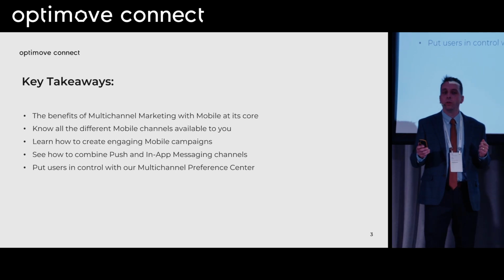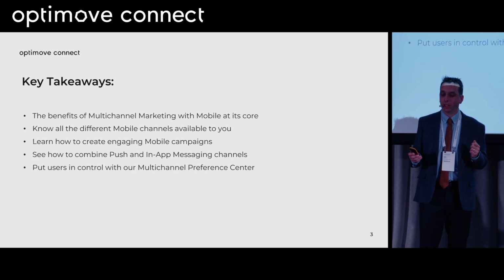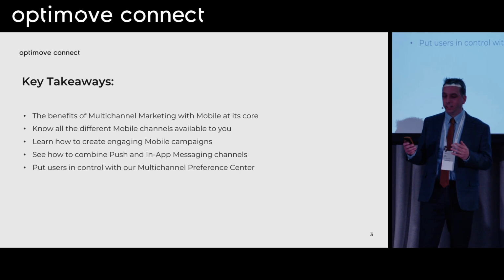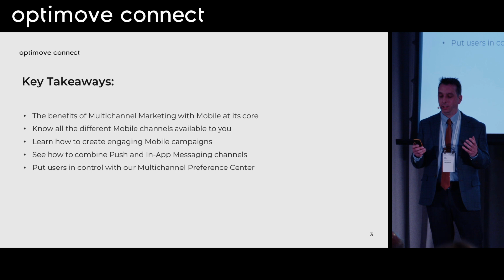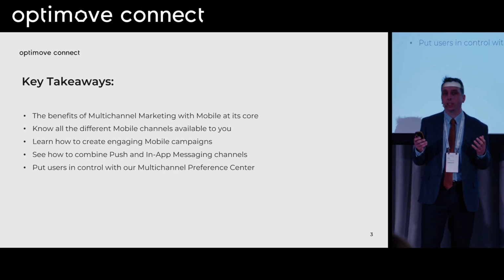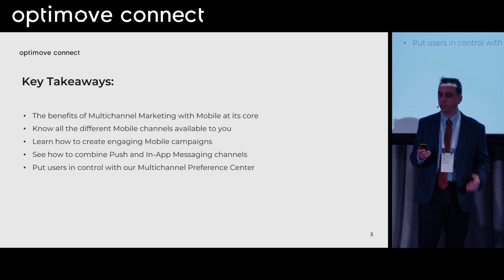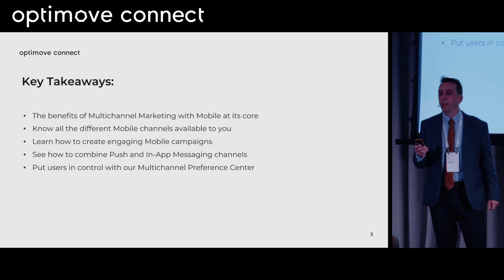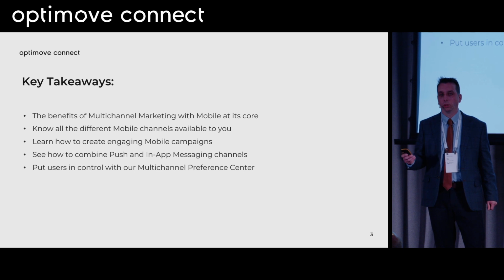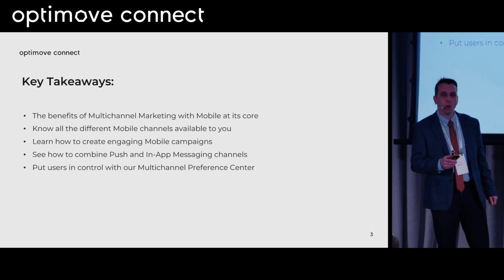I'm going to take you through what our different mobile channels are, and then Anastasia is going to show you how you can create really engaging mobile campaigns. We'll see how we can combine the channels together for maximum effectiveness, and then we're going to talk about some of the newer features we have coming that will enable you to put your users in control of the types of content they receive.